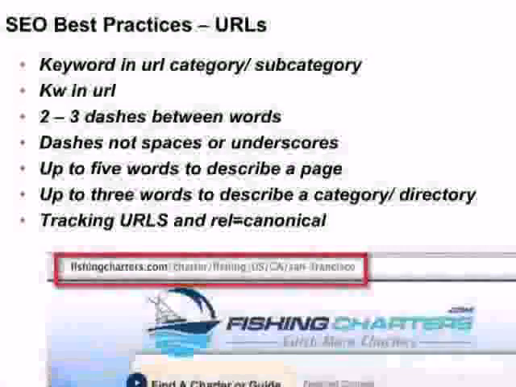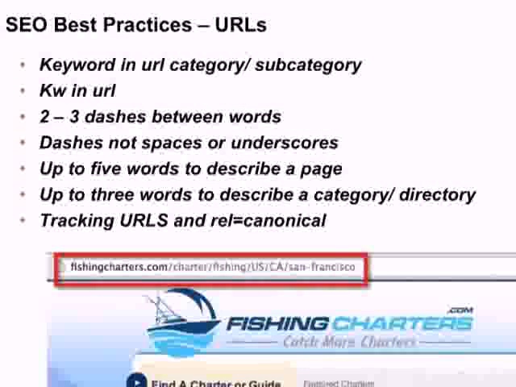So the overall best practices for URLs, these are good rules of thumb. Most of these are pretty standard best practices. Keyword in the URL for category subcategory, but not going more than a few levels deep. Keyword in the URL if you can get it. 2 to 3 dashes between words. So if you have city names like San Francisco in this case, a dash in between those.